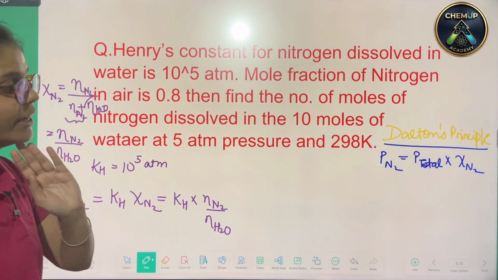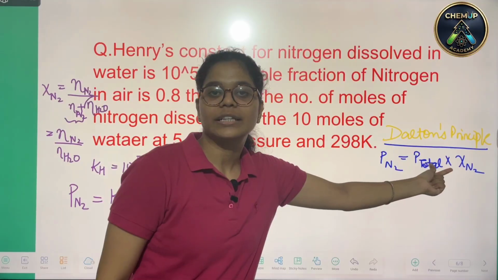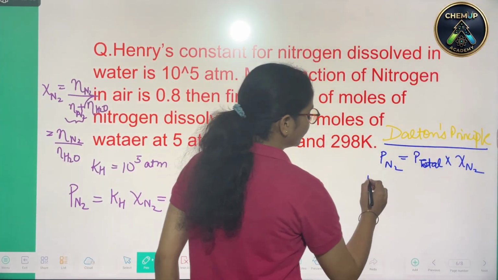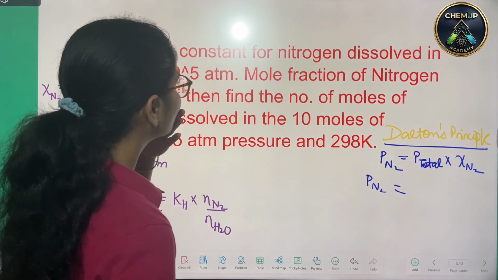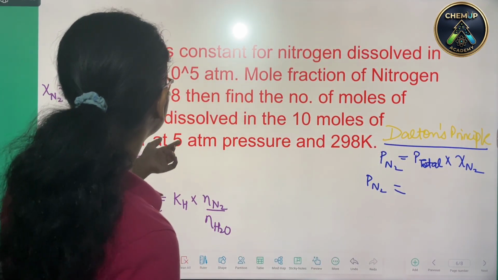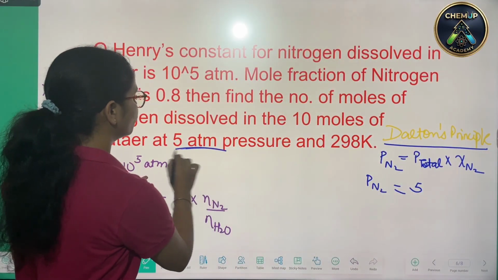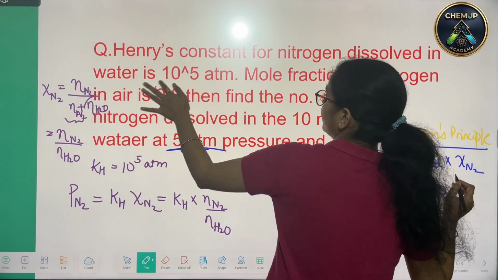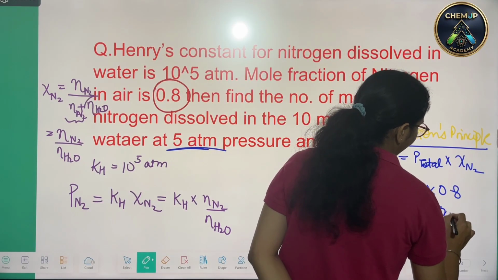So let's calculate what the total pressure is. We need to calculate P N2, and they are giving us 5 atmospheric pressure. That means the total pressure is given to us here, and we multiply it by 0.8, so we get 4 atm.